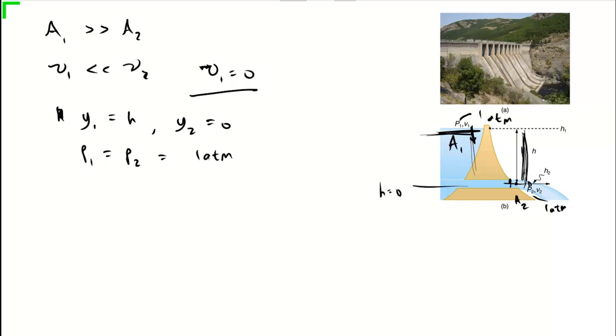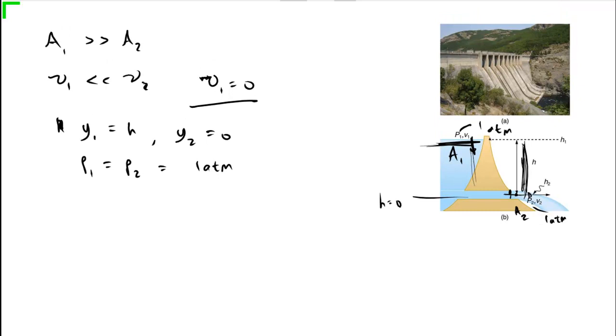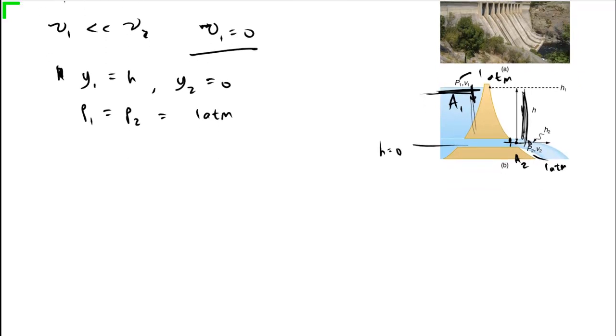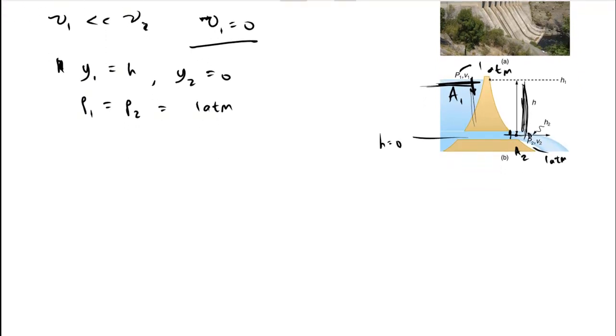And now we'll write out Bernoulli's equation and see, with these assumptions, what we get out of it. So with pressure 1 plus density times gravity times height 1 plus 1/2 density times velocity 1 squared equals pressure 2 plus density times gravity times height 2 plus 1/2 density times velocity 2 squared.